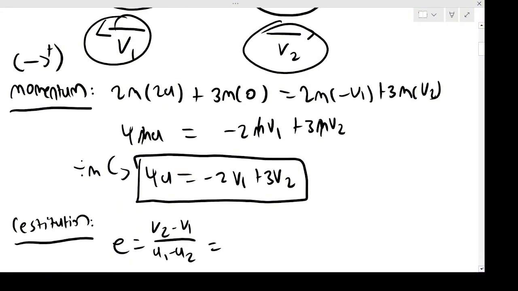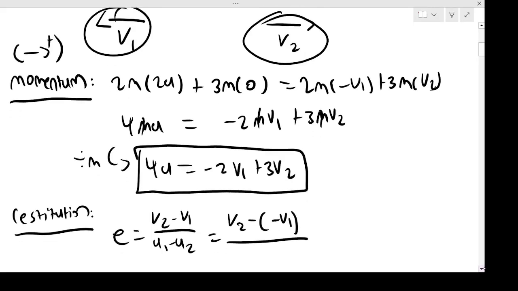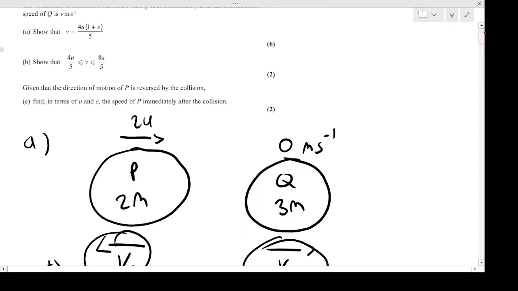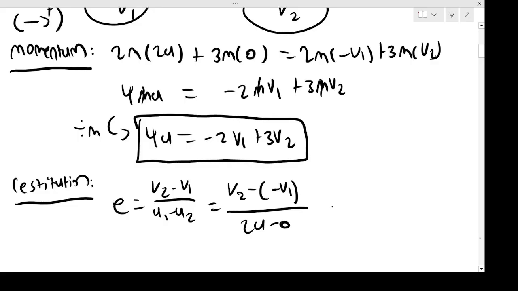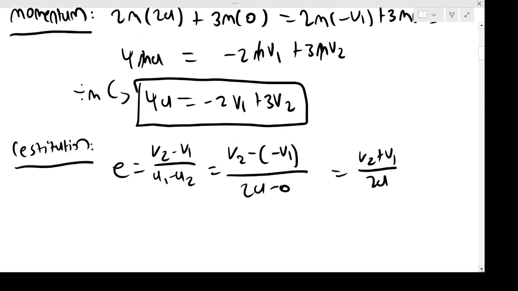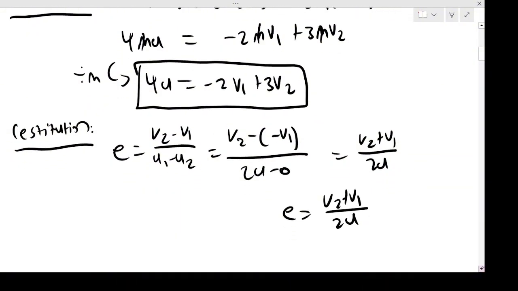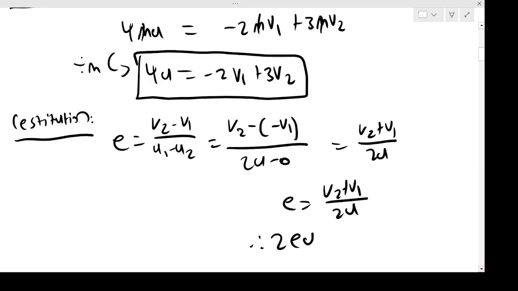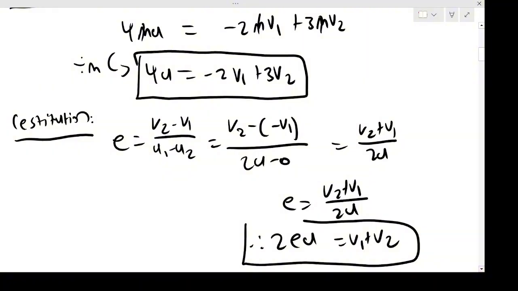But the V1 is in the negative direction, so it's going to be V2 take away minus V1, to account for the negative direction. Then U1 take away U2 is going to be 2U take away 0, so it's just 2U. So that's simplified to V2 and V1 over 2U. Now, remember, this is equal to E. So we can cross multiply to deduce that 2EU is V1 and V2. And that's my second equation there.